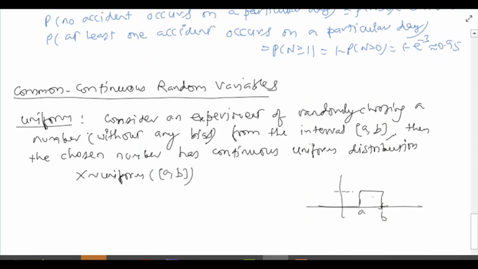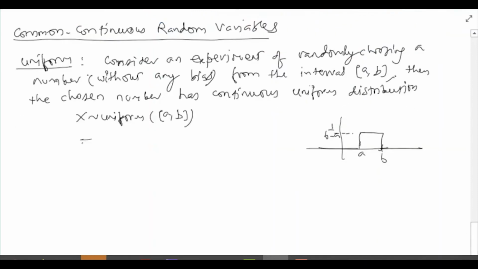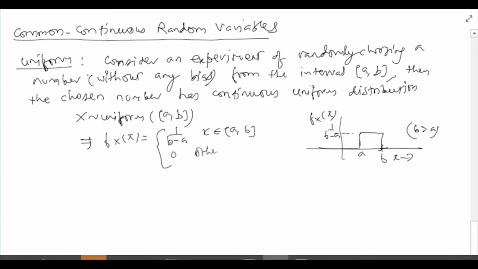So in fact, since the area under the PDF should be 1, this value will be 1 over B minus A. Okay, so X being uniform means its probability density function fX(x) will be 1 over B minus A for x in AB. Here B is greater than A, it's clear from the picture, and it's 0 otherwise.